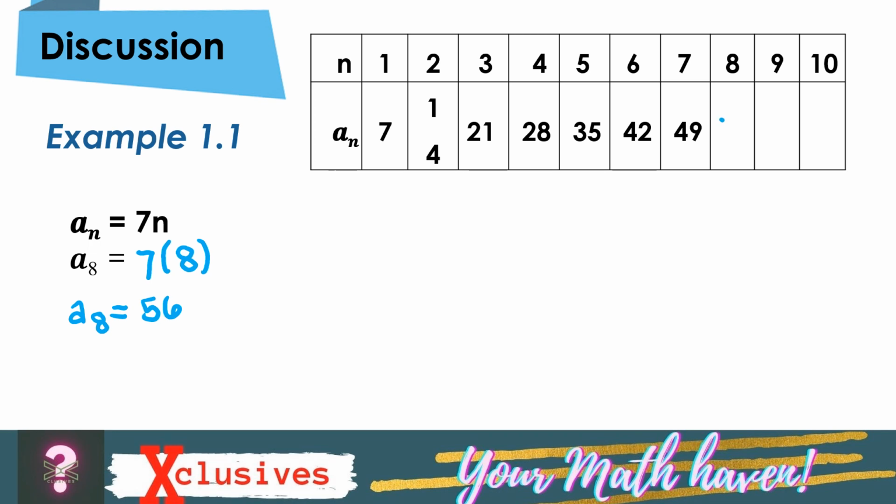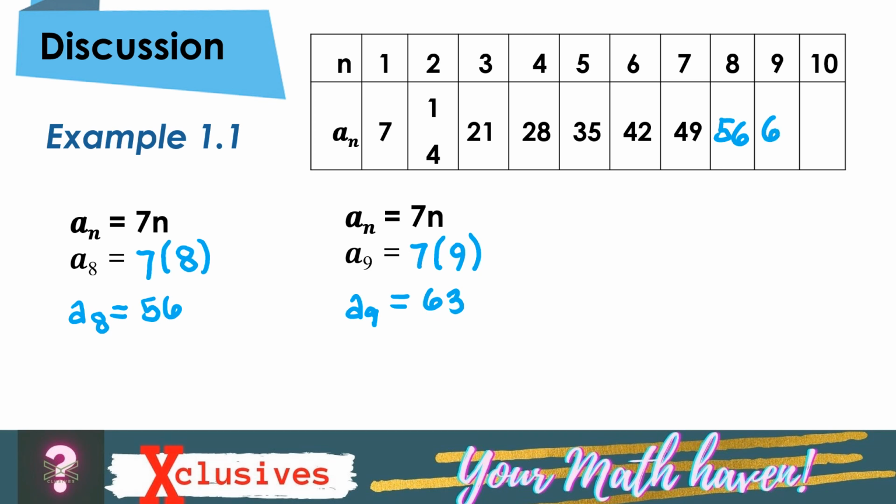Let's fill in the table. Moving on to our 9th term. So that is a sub n equals 7 times 9. That will give us 63. And that is our 9th term. Let's fill in the table for our 9th term.